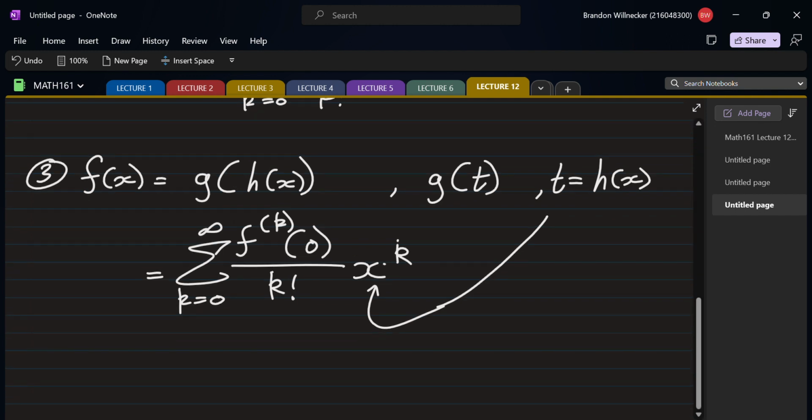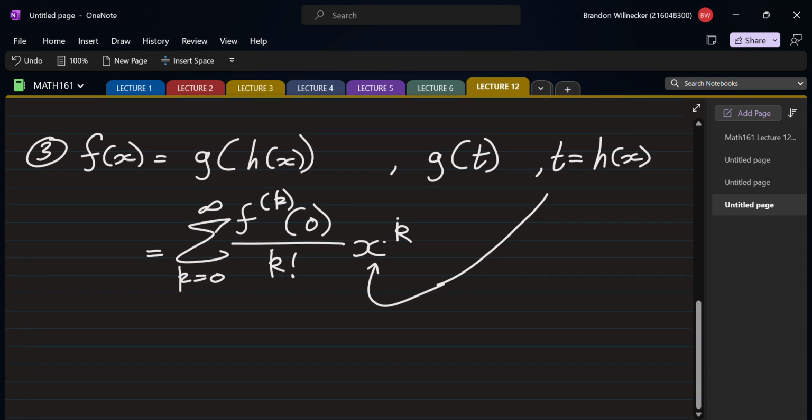This is similar to what we had with the cos of x squared. So g would be the cos, so you find your Taylor series for cos, and then substitute your h of x.